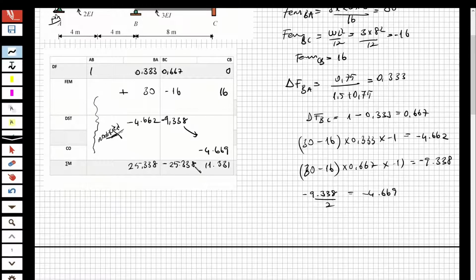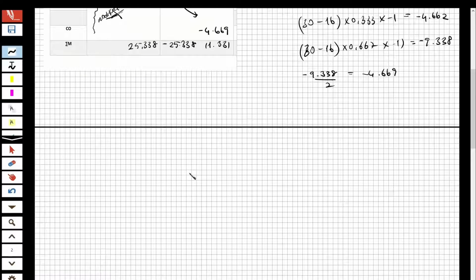Let's determine the shear forces, the reaction forces also, and then we are going to draw the shear and moment diagrams. For the first part, for example, this is A and this is B. I have a moment here of 25.338, and I have a force at the midpoint of the beam, 20 kilonewton, and I have AY and BY.